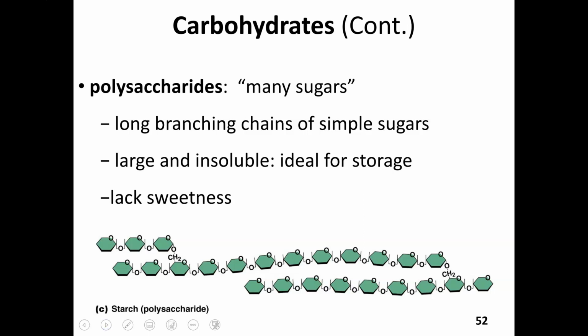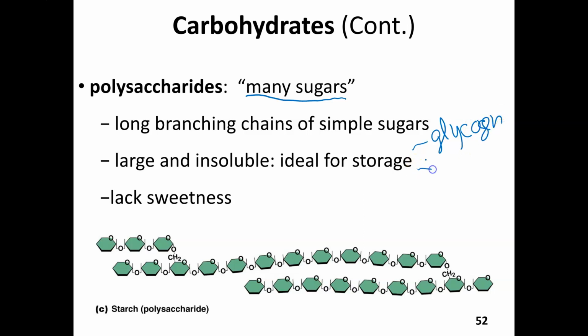And then we have our polysaccharides. Polysaccharides are very long chains of those monosaccharides. So poly means many, saccharide means sugar, so many sugars. Polysaccharides are how we can store simple sugars. Our cells store glucose, which is our blood sugar, in the form of glycogen, which is our storage for glucose.